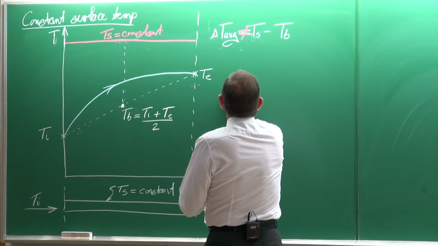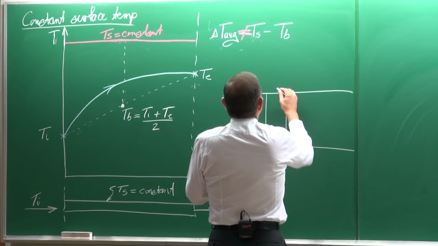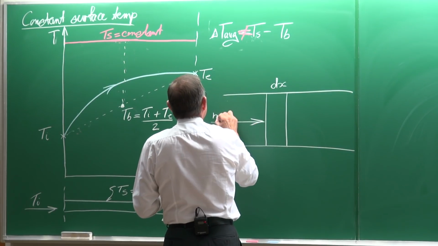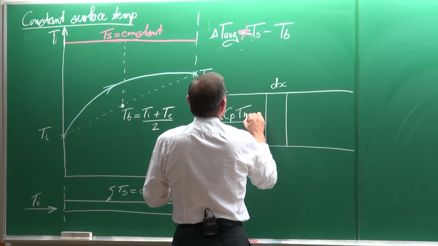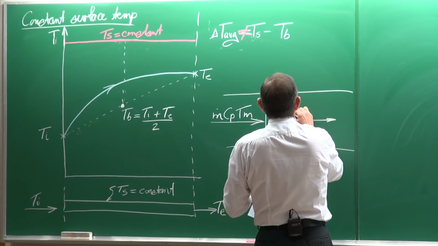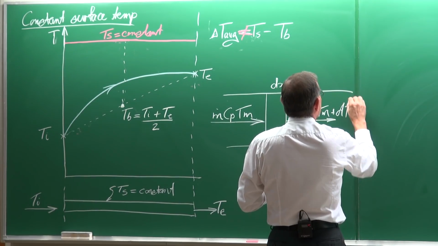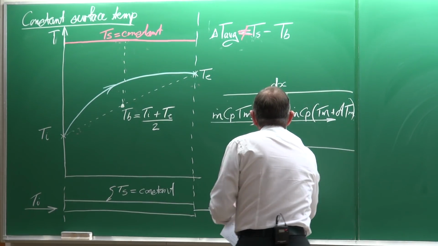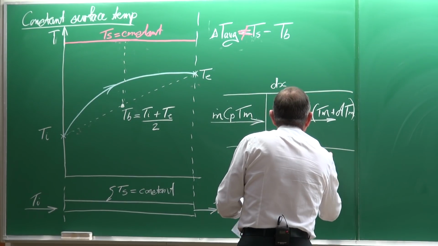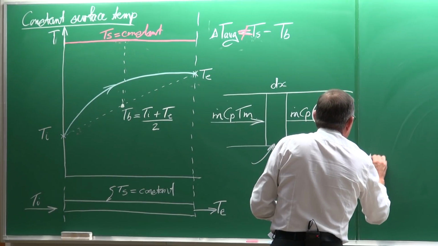Well, the correct approach is to look at a control volume inside the fluid of length dx, and then the convective stream, the m dot cp Tm, the temperature of the fluid, the mean temperature, going into the control volume and then going out of the control volume, m dot cp multiplied by Tm plus dTm, and then look at the heat transfer, which is not the total heat transfer, it is only for this control volume, is equal to the heat transfer coefficient multiplied by Ts minus Tm multiplied by dA, the area.